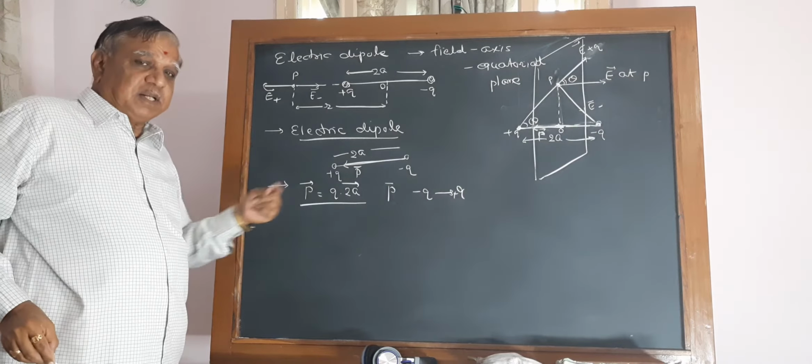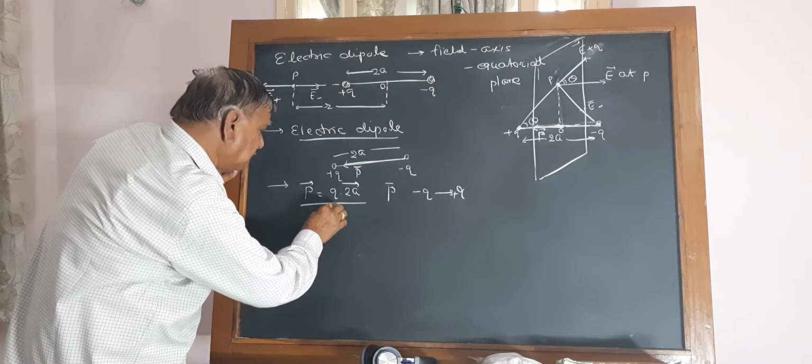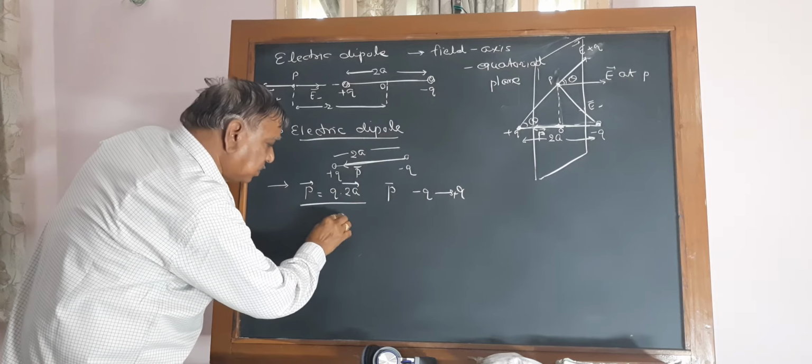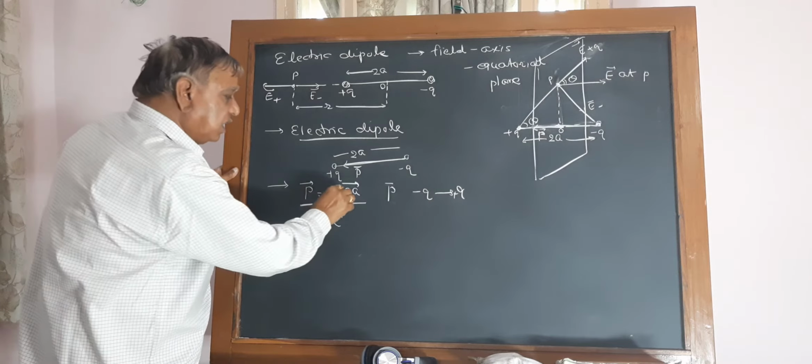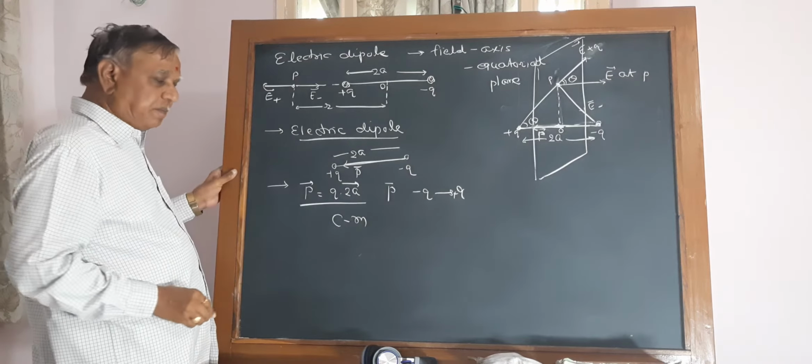The unit of dipole moment: q means coulomb, 2a distance means meter, so the unit is coulomb meter.